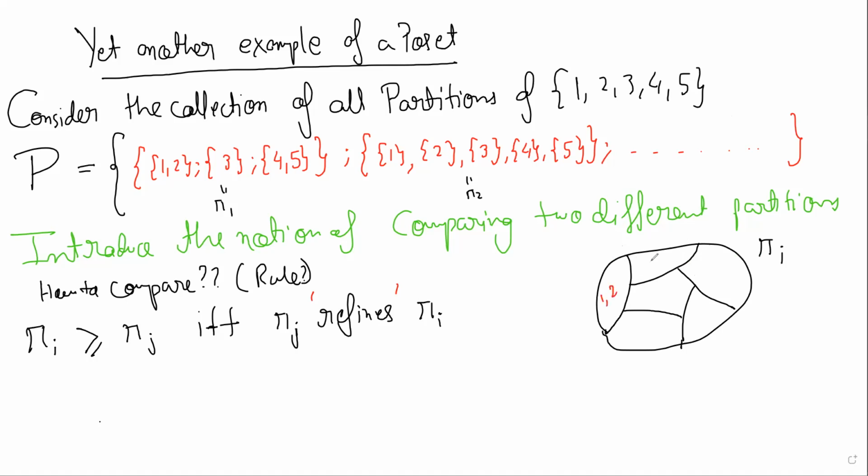We can just say 1, 2, we can put a 3. We can take a bigger set, so we can put a 4 and a 6. We can put a 5 and a 7, 8, 9. Let's say 10. So this is a partition. Now, if I say that pi j refines pi i, what should that mean?